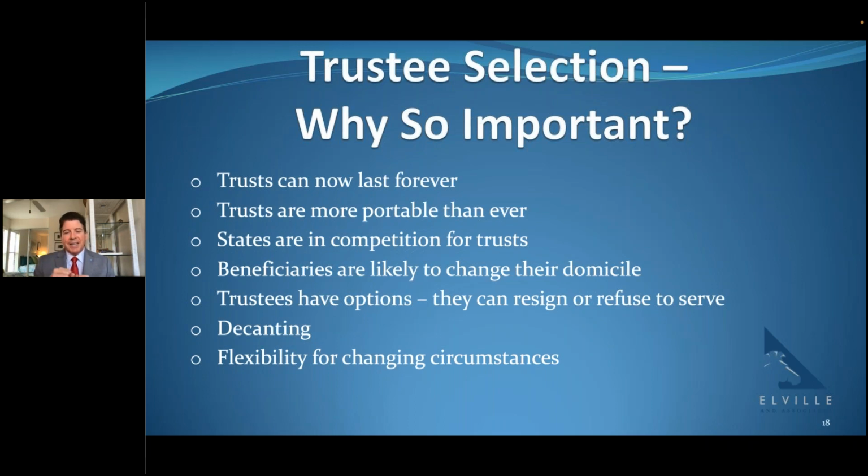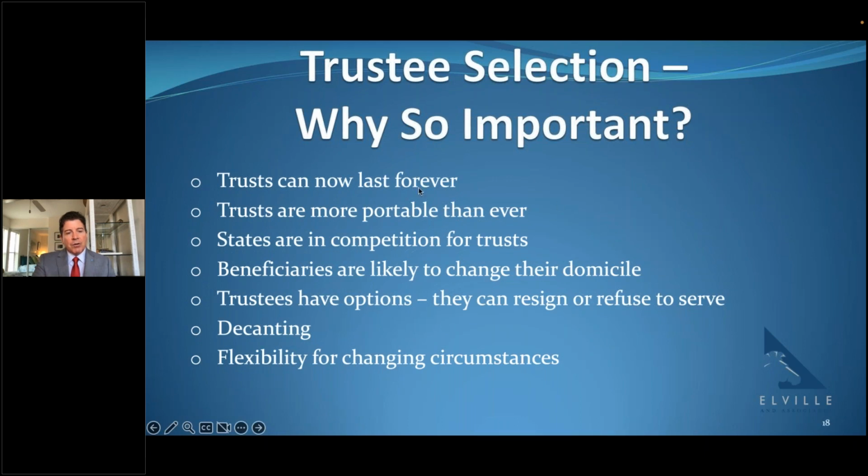What does all that mean? It means that we need to have a trustee that understands your intentions. We need to have a trust protector that's furthering your intentions. And we want to make sure that a trust could not be changed unless it was absolutely needed. And sometimes decanting can be an amazing and powerful thing. We have to make sure that decanting could not be used in a negative way. And as I mentioned several times, we need flexibility for changing circumstances.